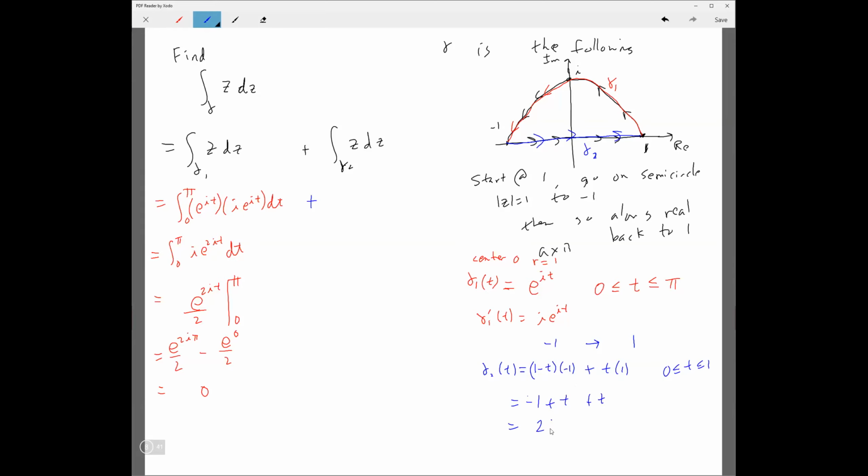So that's going to be 2t minus 1, and gamma 2 prime of t is going to be 2. Okay, so this one becomes the integral from 0 to 1 of z, which is 2t minus 1, times, then the dz gets replaced with gamma prime of t, which is 2 dt.